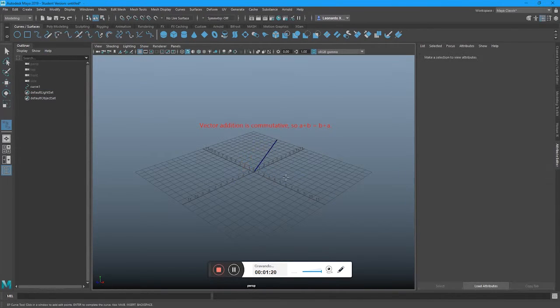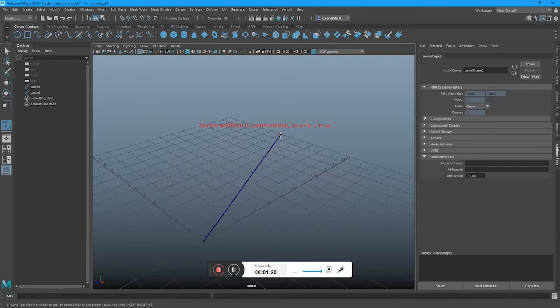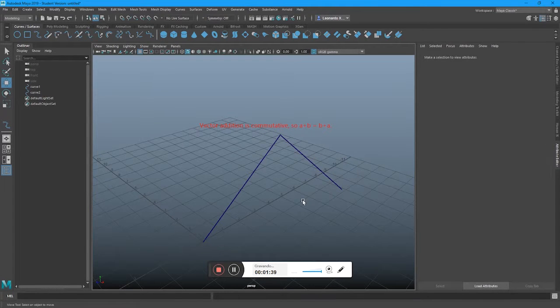And now let's make vector B. Here, 3. Perfect.